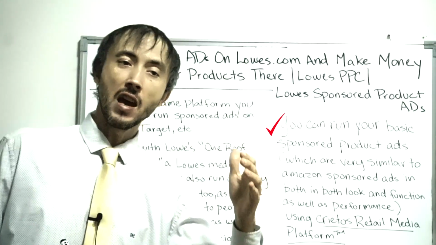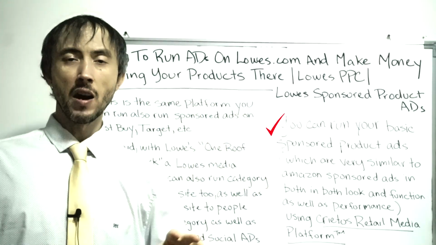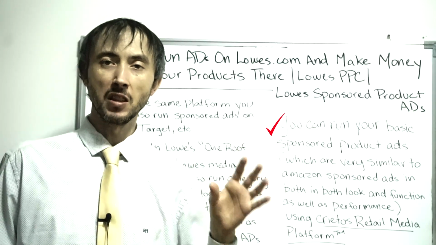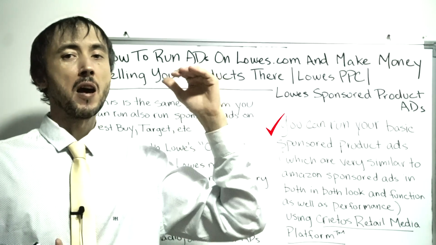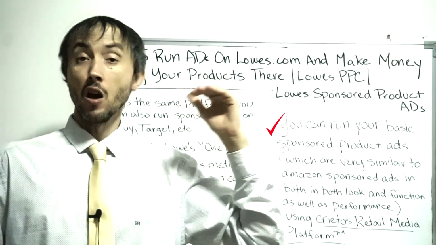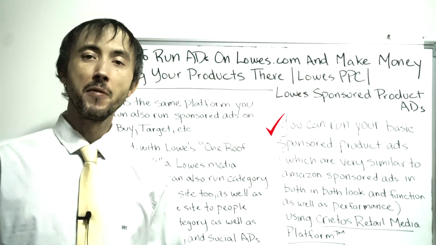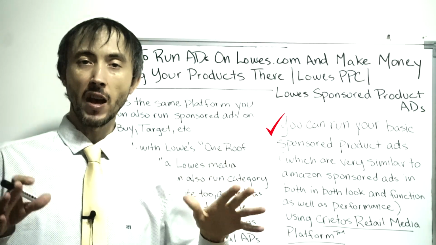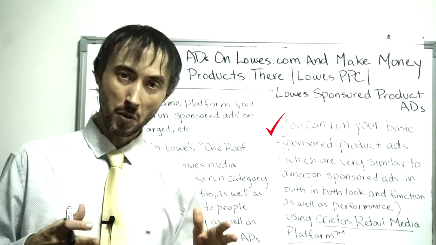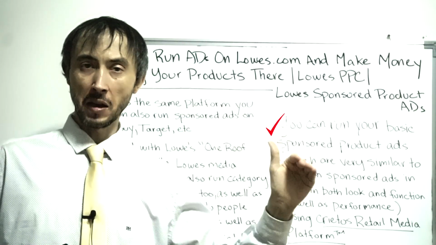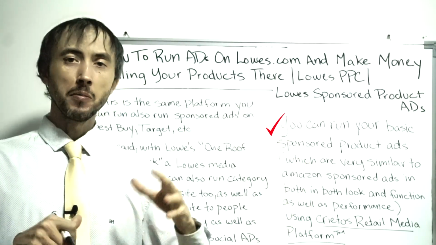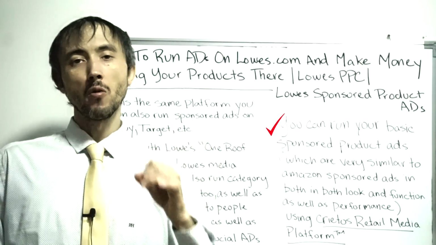So basically, you can track all your ROI just like you can on any other sophisticated ad platform like Google. You just run your ads and then adjust your bid up or down based upon whether you are below or above the target ROI/ROAS that's acceptable to you and your brand, so that you get the maximum sales out of the Lowes.com platform at the ROI that you're looking for.